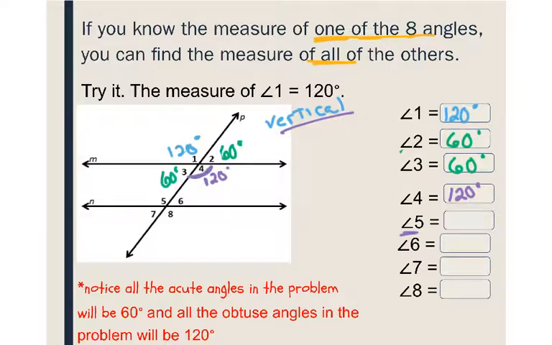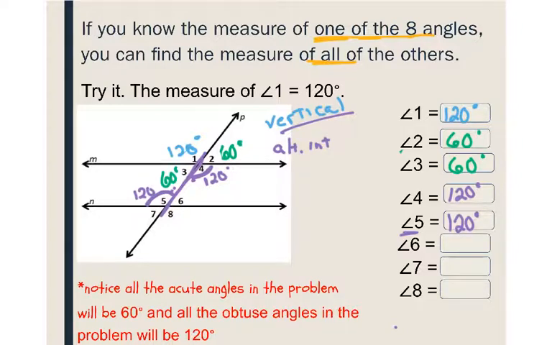Again, there's multiple ones you could do. But angle 4 and angle 5, they are inside my parallel lines on opposite sides of my transversal, left and right. So they are alternate interior. Angle 4 and angle 5 are alternate interior angles. They are congruent. So if 4 is 120 degrees, 5 has to be 120 degrees.